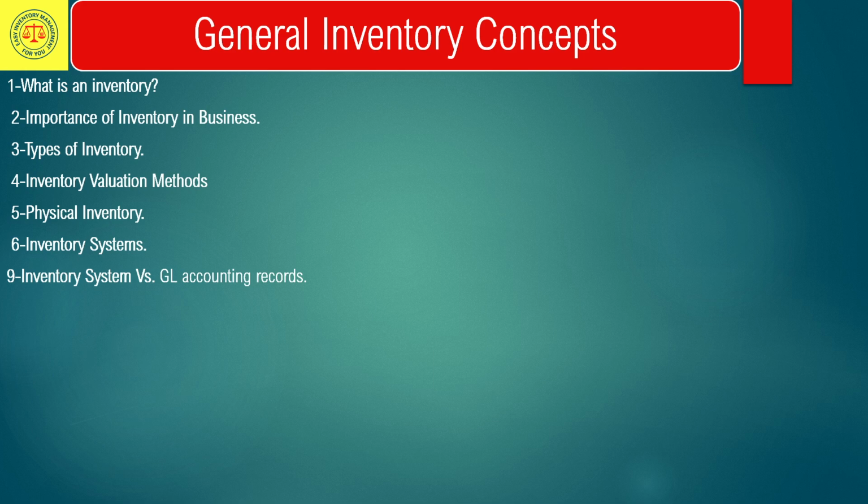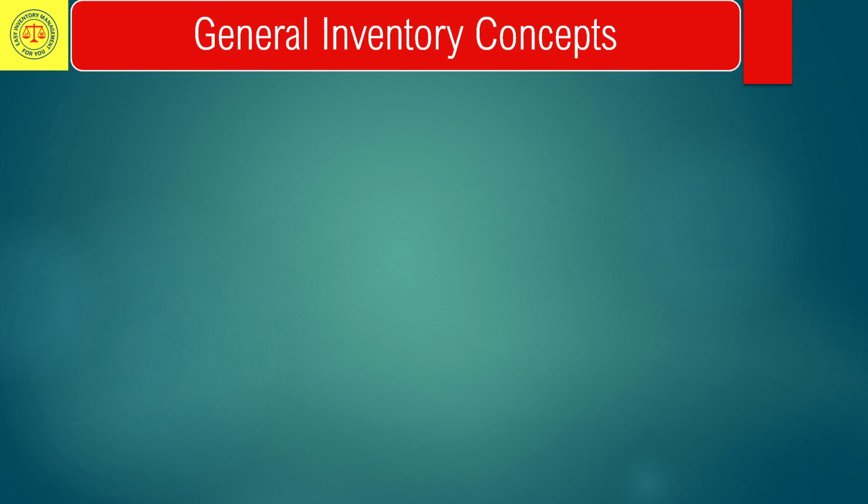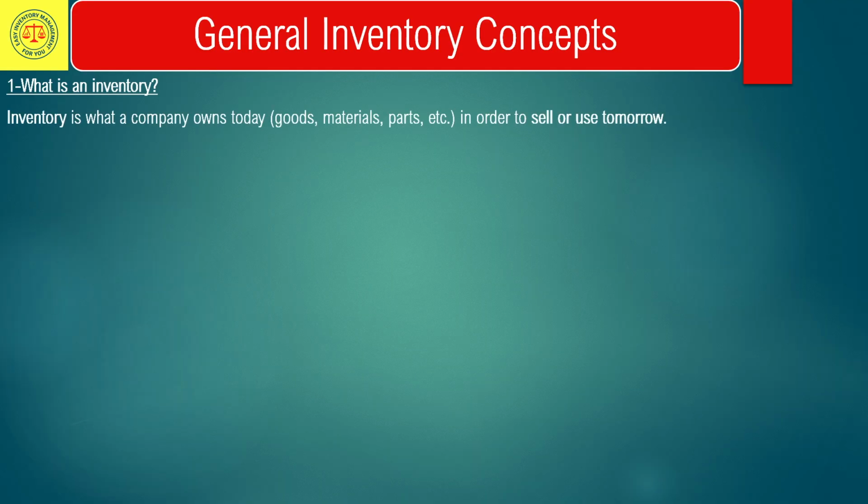So let's see what is an inventory. Inventory is what the company owns today, goods, material, parts, etc., in order to sell or use tomorrow. Also, the inventory is to sell, but depending on the company, they can use some of those inventories either to produce something or to be consumed in the same company.